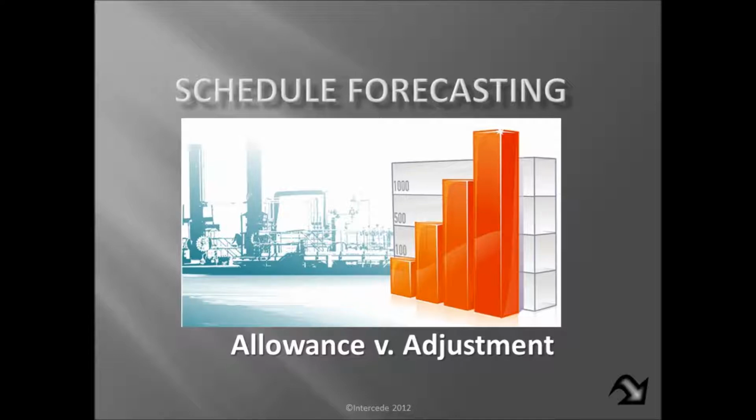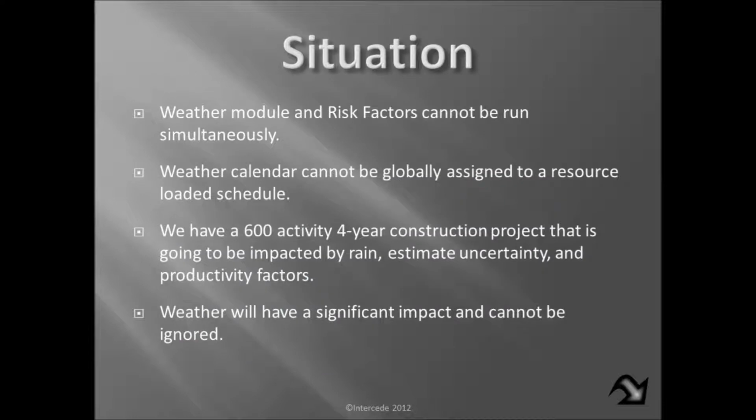One is by coming up with a rain day allowance and a rain day adjustment. And here's our situation. As before, we cannot run the weather model and risk factors simultaneously. This is a particular limitation in PERT that does make it kind of difficult, because I think all construction schedules need to account for weather, rain days in one way or another, or non-work expected days.